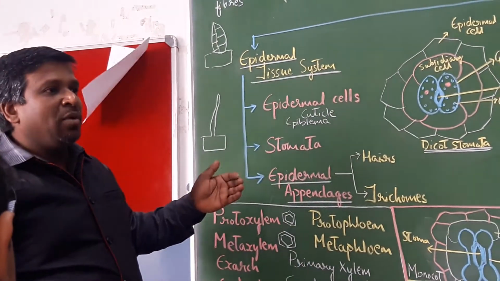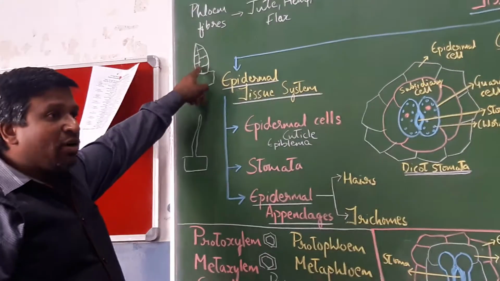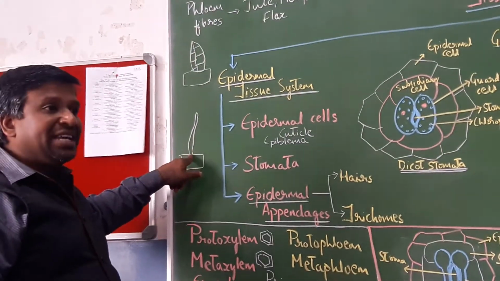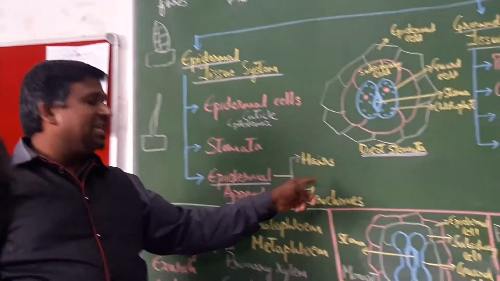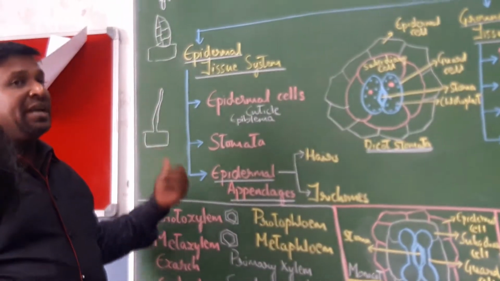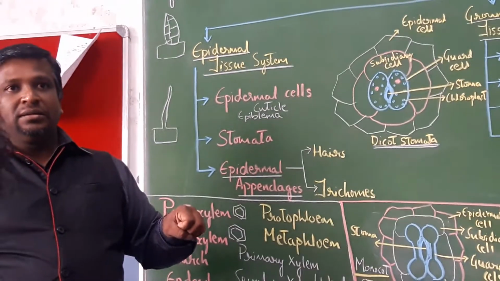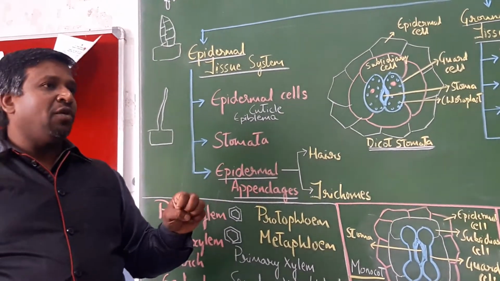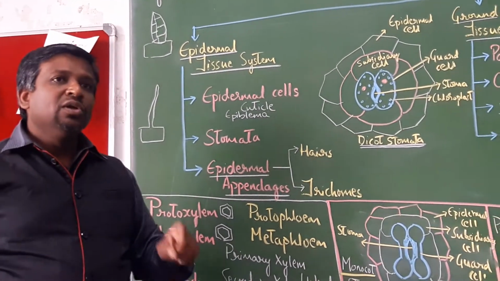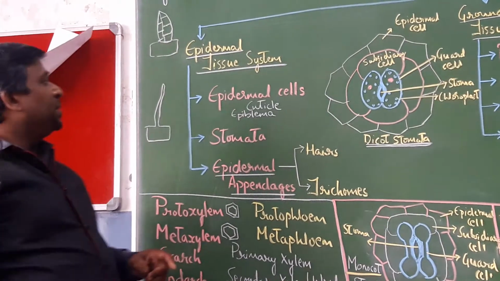Epidermis in case of stem or leaf gives rise to trichome, which is multicellular, whereas root hair is unicellular. So we will be discussing the epidermal appendages also. Root hair absorbs water. Major part of absorption of water in plants takes place through root hairs. You have to remember that.